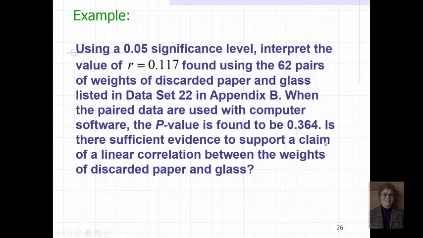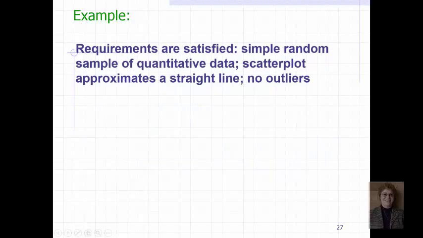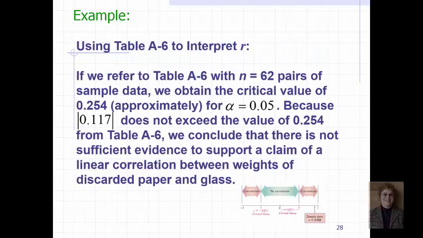Our p-value is quite large, so again, it's not statistically significant. Our requirements were satisfied. It was a simple random sample. The scatter plot was an approximate straight line with no outliers. So again, like I said, we look at the value and it would not be beyond our critical value.